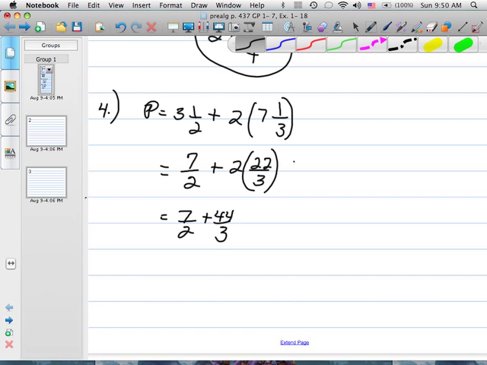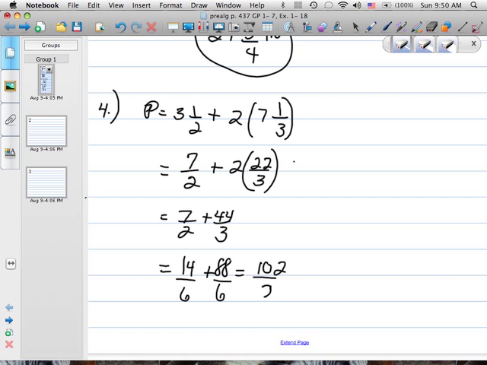The denominator is 6, so that would be 14 sixths plus 88 sixths, which would add up to 102 sixths, and I change that to a mixed number.